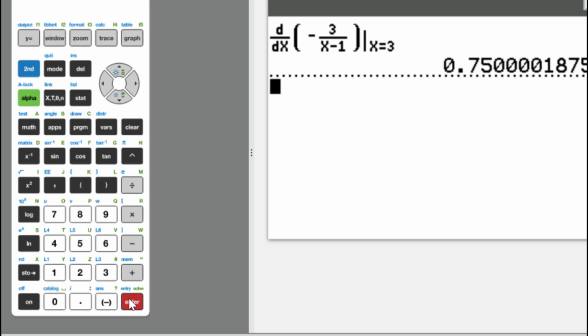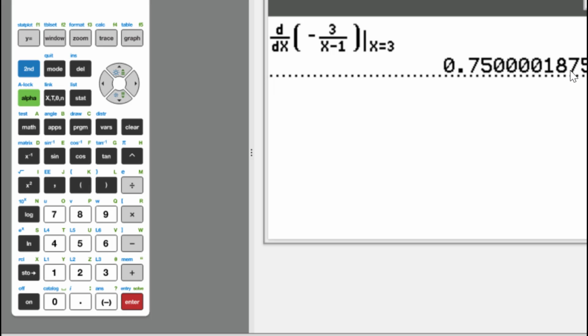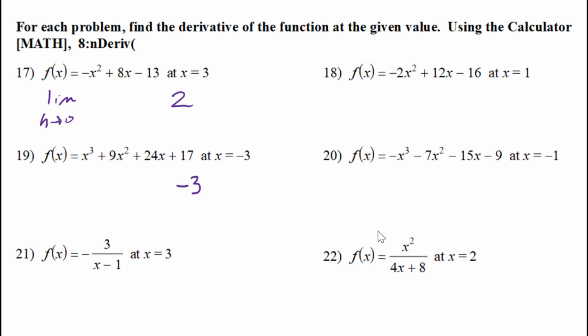And that gives us 0.7500001875. So again, what is this relatively close to? You can tell here at the end it's got a little bit of error going on. It looks like that's pretty close to 0.75, and we're going to round it to that. The derivative here is 3/4. Usually we'll want to give our answers as fractions. In AP Calc, if you do give answers as decimals, you should be going to 4 decimal places if needed.